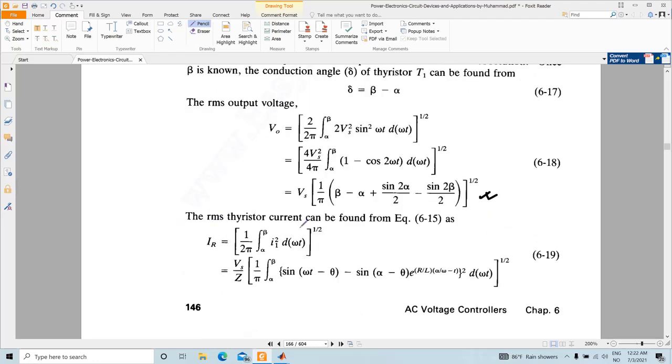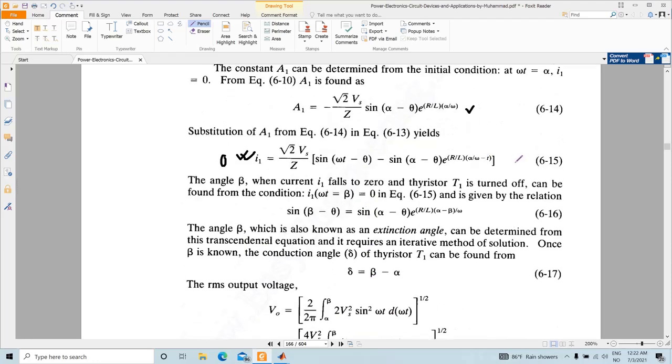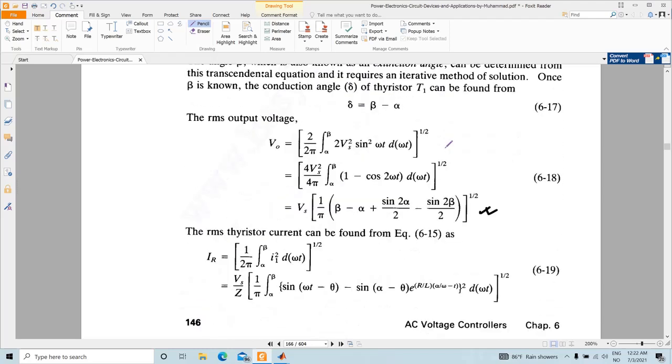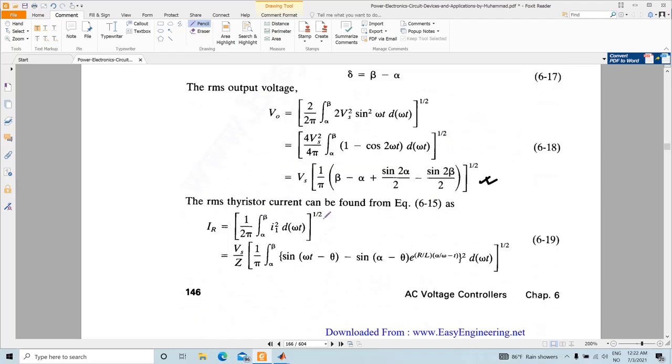The RMS thyristor current can be found from equation 15. So you have the current equation here, and from the current equation you can calculate the thyristor RMS current. So the thyristor RMS current is 1 over twice pi, integral from alpha to beta of I1 square, and you square root everything here.